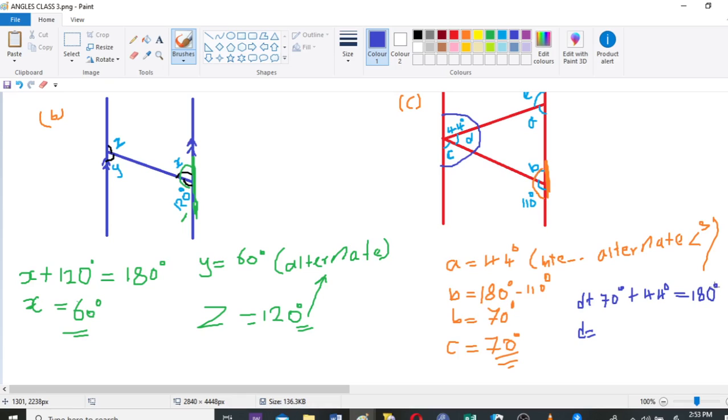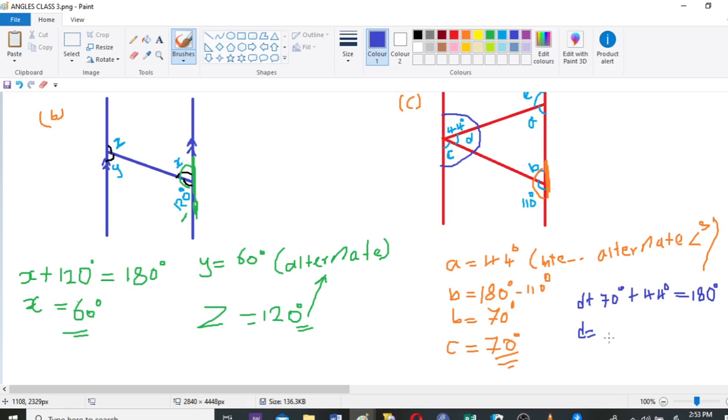degrees. Okay, so when we get that one, we are going to subtract it from 180. So we are saying 70 plus 44 will give us 114.